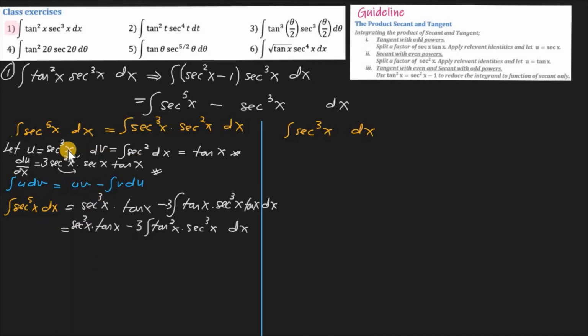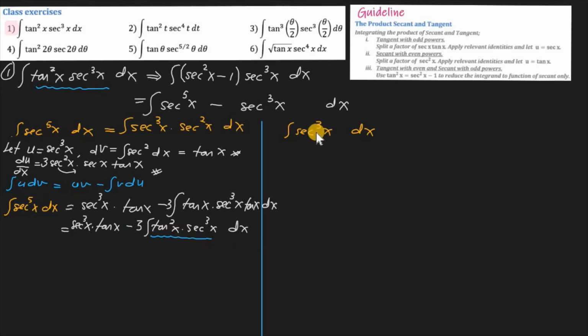As we fill out the numbers, u is secant power 3, v is tangent x, minus integral of v, tangent x, times du, which is 3 secant square times secant, which is secant power 3 and tangent, so we simplify. Then we meet again this term. If we notice this term, tangent square secant cube is actually the question. So later on maybe we can rearrange to get to this value, right?